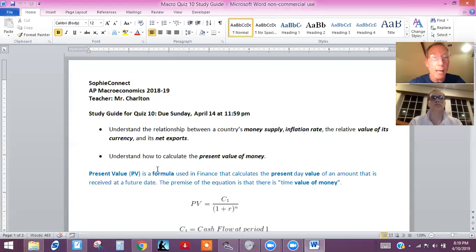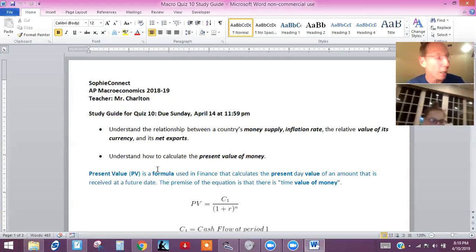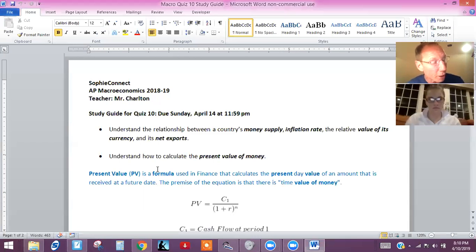But before I get to that, I want to talk about if the dollar is going to gain value, or appreciate on the foreign exchange market.